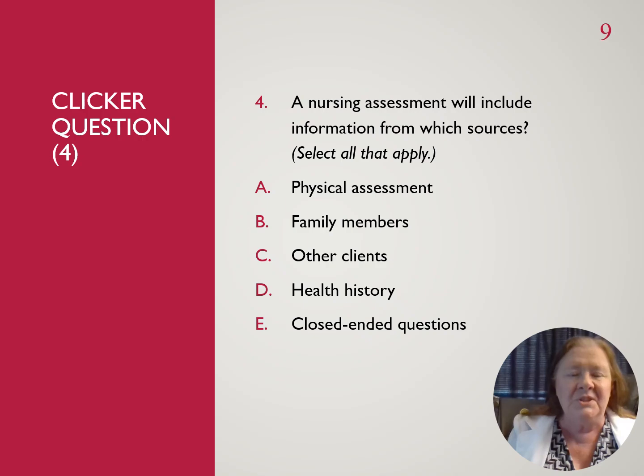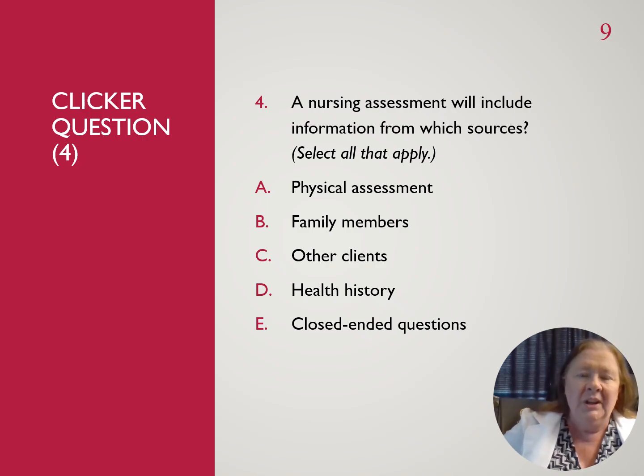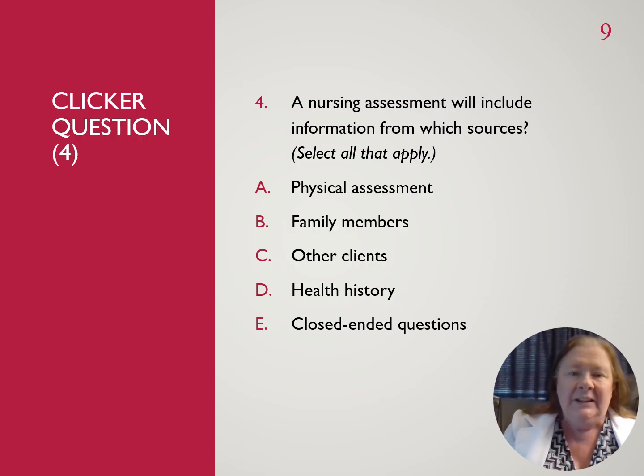Okay, so the nursing assessment. These are the sources where you can get the information from. Your assessment information can come from which one of these sources do you think? A, physical assessment. B, family members. C, other clients. D, health history. Or E, closed-ended questions. I'll give you a minute on this one.